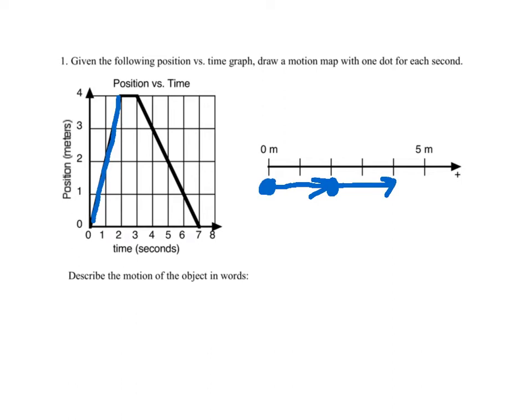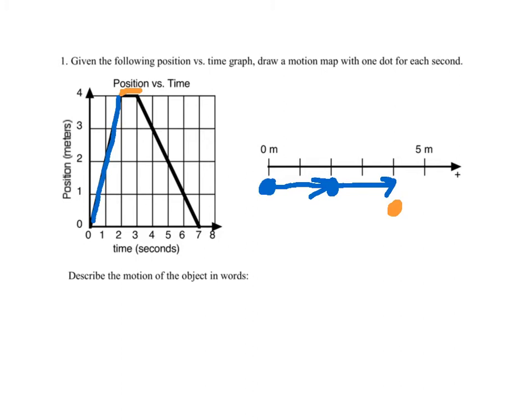Now, let me change my colors, because I'm going to represent this part right there. Notice that only lasts 1 second, from 2 seconds to 3 seconds. That's only 1 second, and it's not moving. It's staying still. So I'm going to represent that with a single dot.